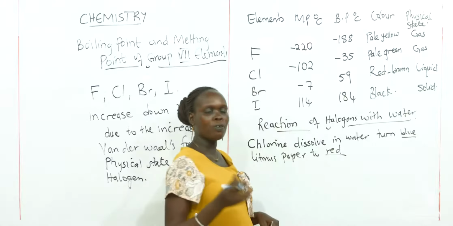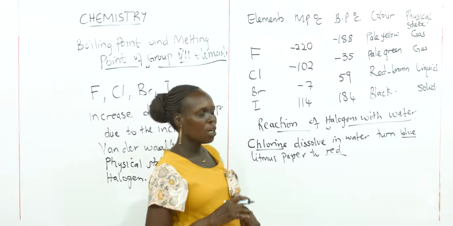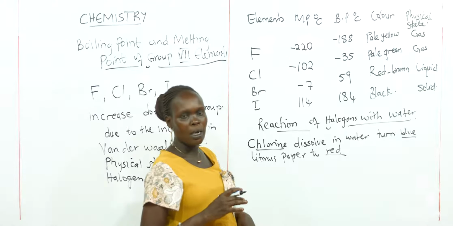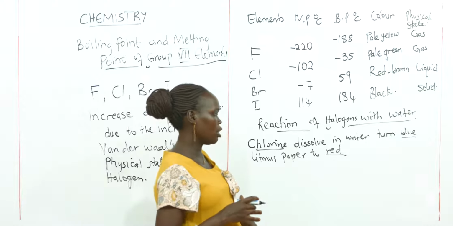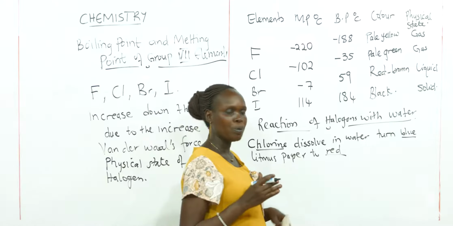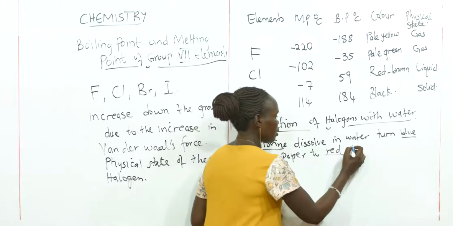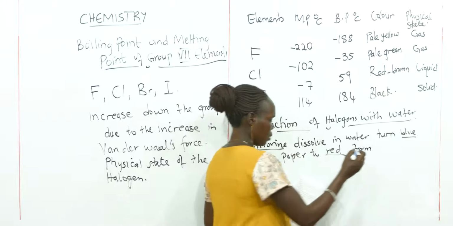So in this case, when chlorine is dissolved into water, it has the ability to turn blue litmus paper to red. It means the solution becomes acidic. After that, it will form a green yellow solution.